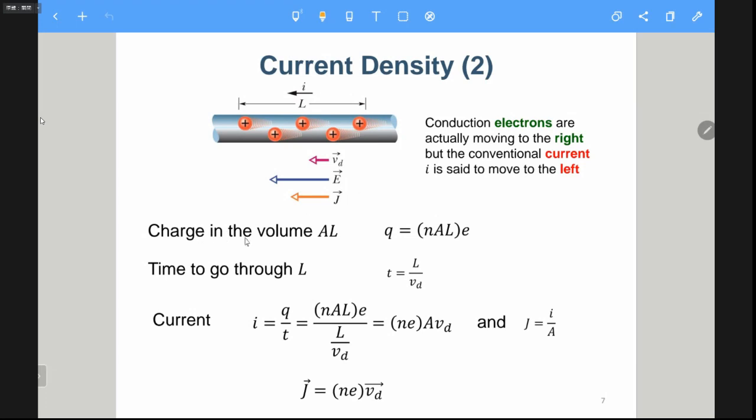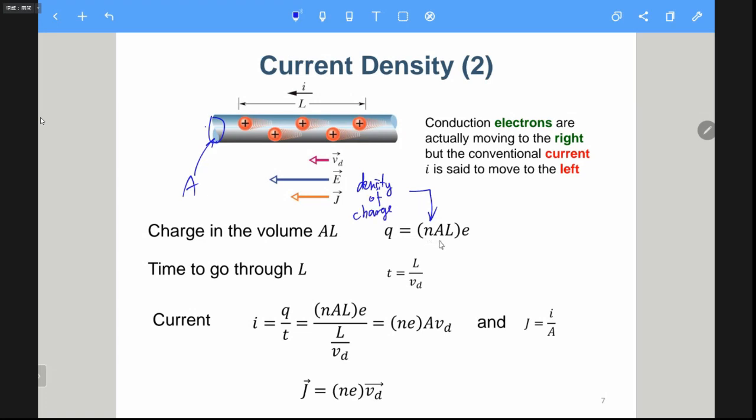So here, charge in the volume AL. A is the cross section, and the length is L. So AL is the volume of this part of the wire. Here small n is the density of charge particles.